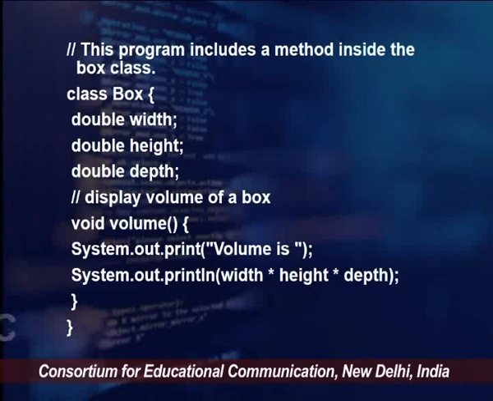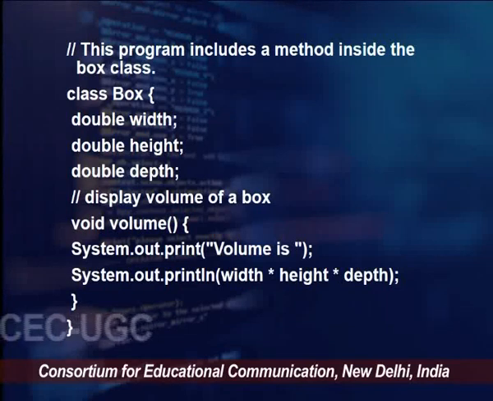Then we have one method which is not returning anything, that means it is returning void. So we have written void. The name of the method is volume, followed by opening and closing parentheses, which are presently blank.